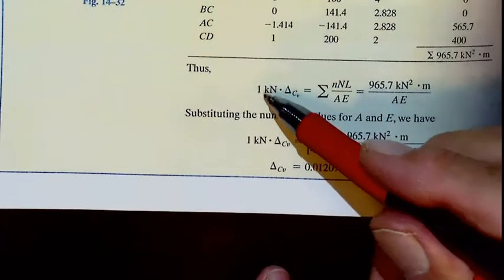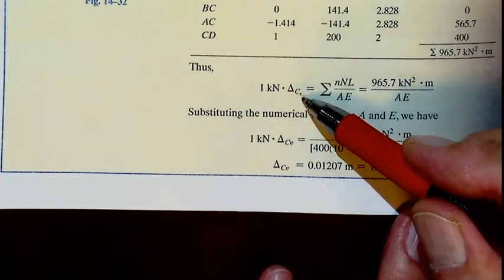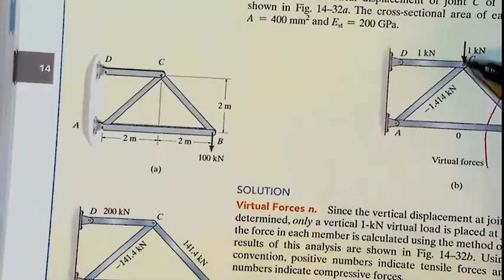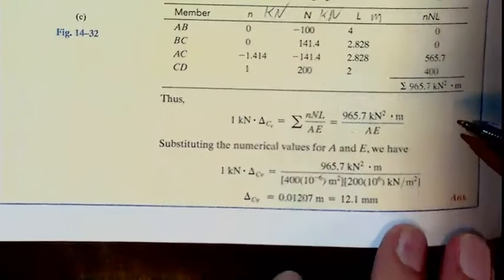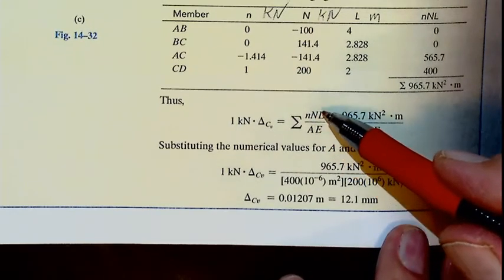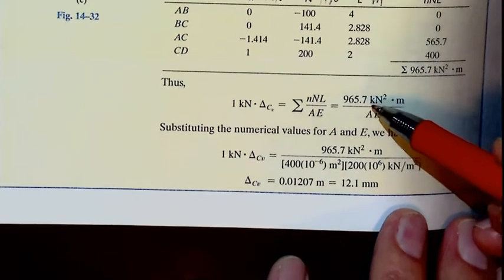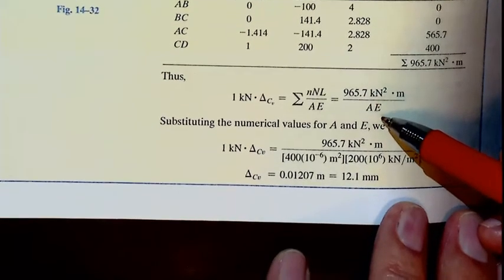So then 1 kilonewton times the displacement at C in vertical direction equals the summation of small n, big N, L over AE. That is 965.7 divided by AE.